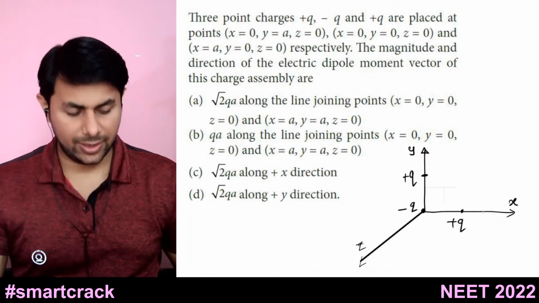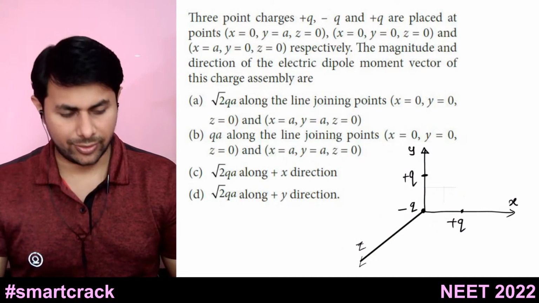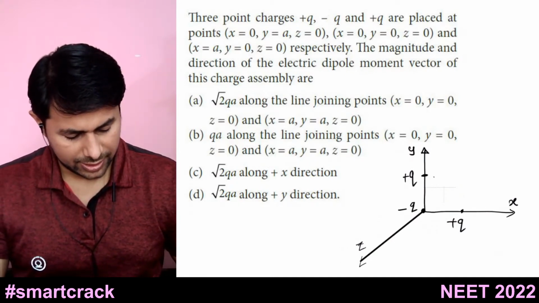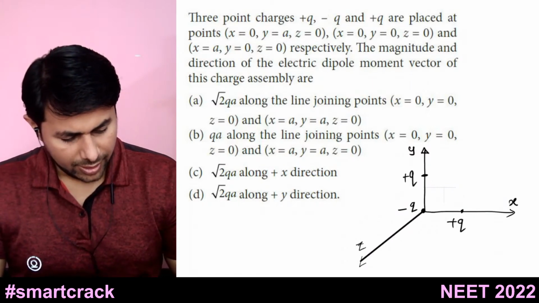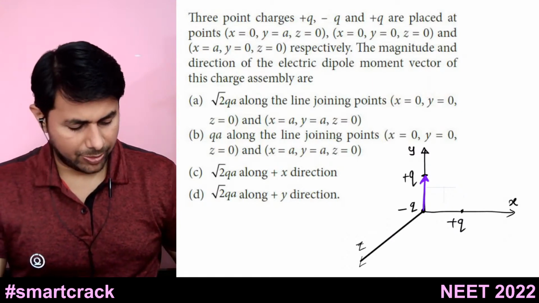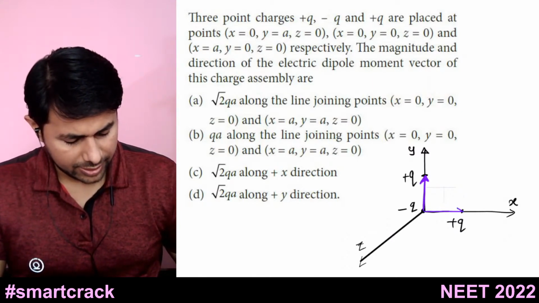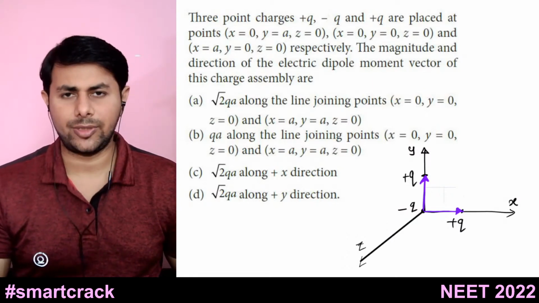We know the direction. Magnitude will be equal to q into 2a, because this distance is a, this distance is also a. So this is the first dipole moment and this is the second dipole moment, and you will have the resultant of these two.